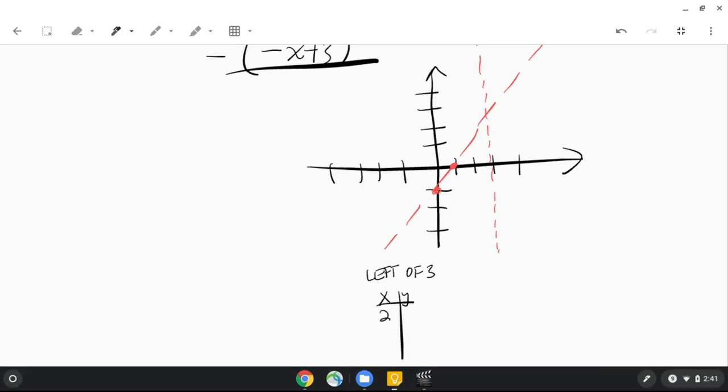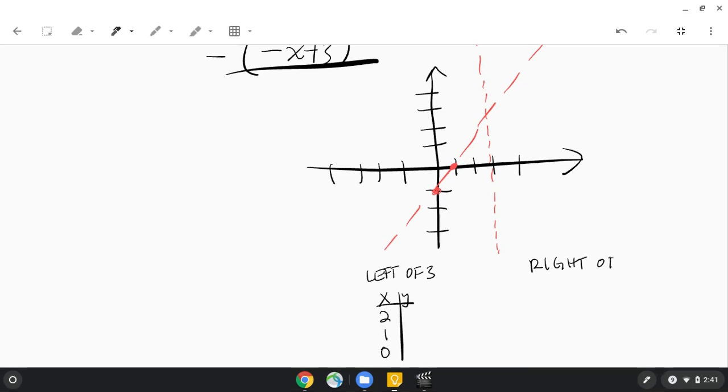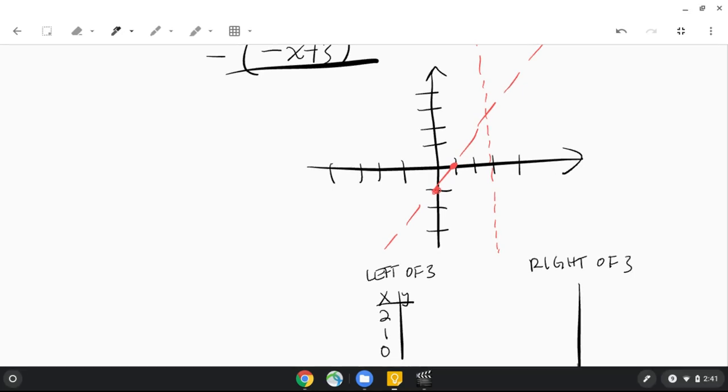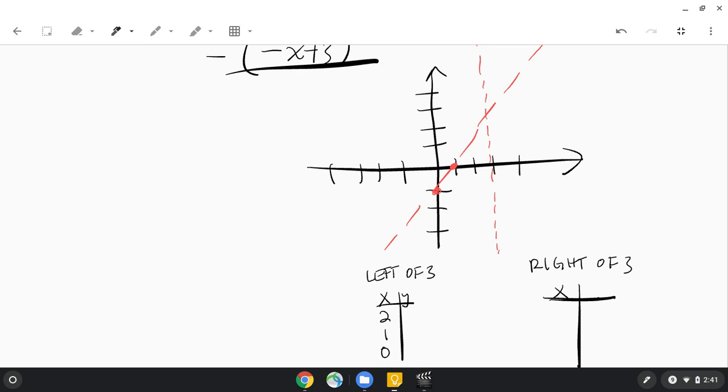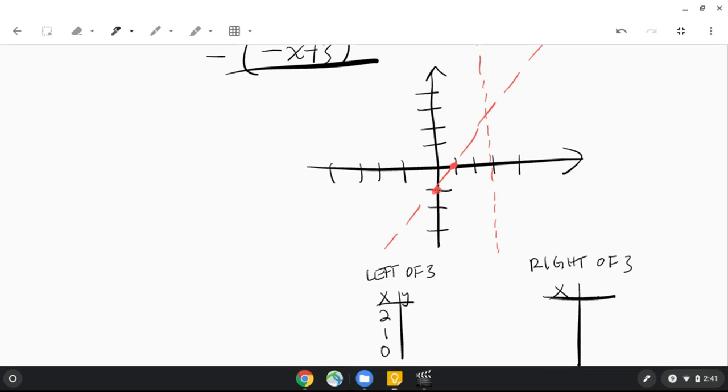And to the right of 3. Do you have to? No, but you'll need to figure out what the 2 sides are doing. So to the right of 3, I'll choose 4, 5, and 6, I guess.